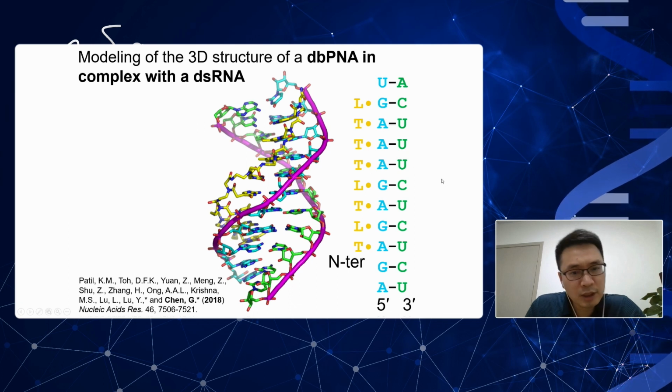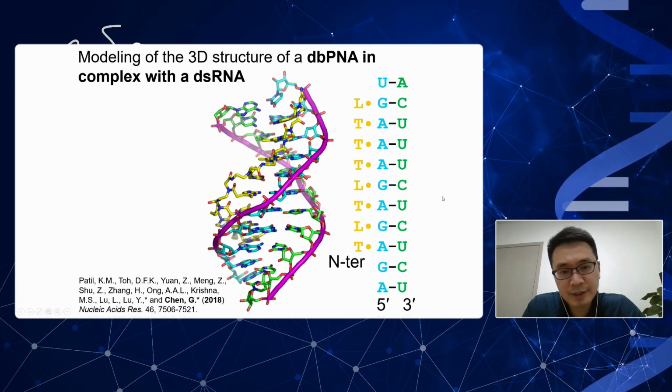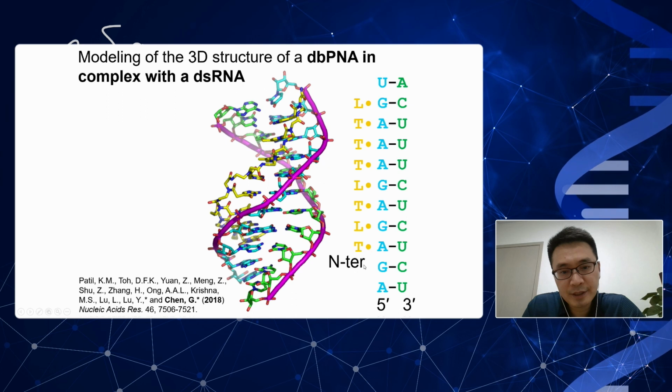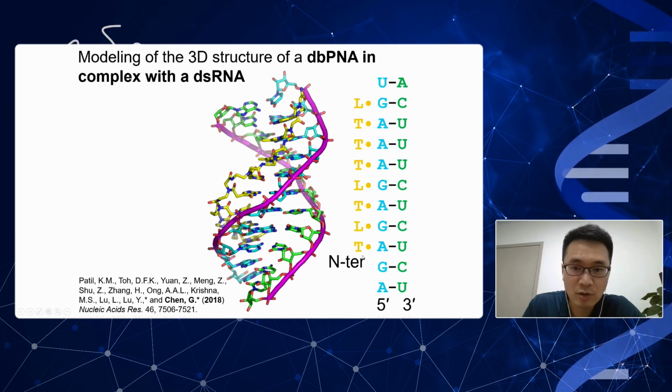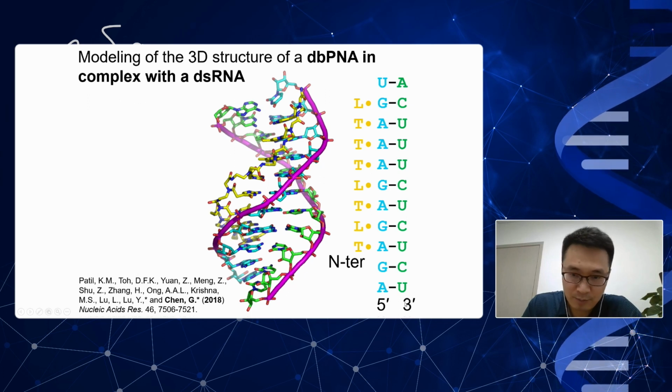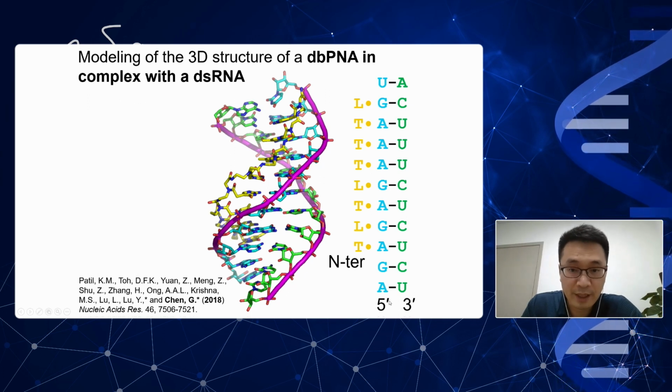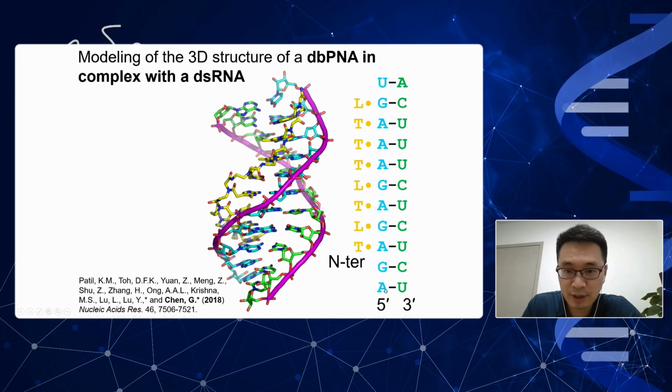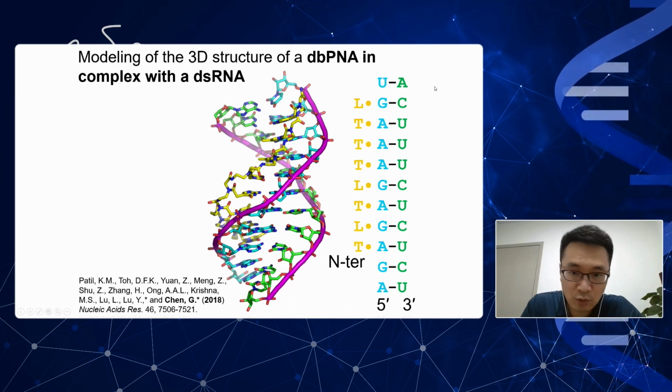We also did some modeling study. As you can see here, the PNA strand is shown in this yellow color. This PNA can bind to the preformed RNA duplex, which is shown in this cyan and green color.